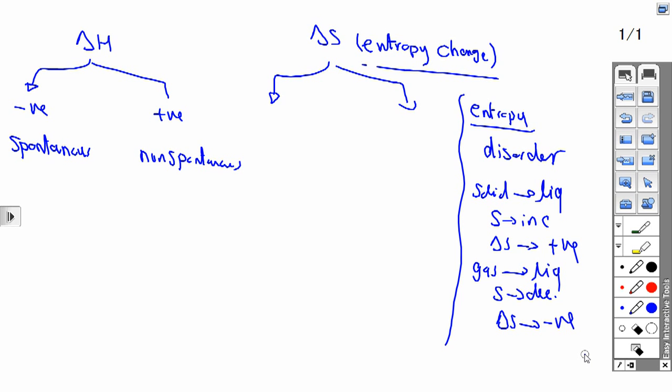Does a solid dissolved in liquid increase or decrease entropy? It increases entropy. Solid to liquid increases entropy. Liquid to gas increases entropy. The opposite decreases entropy. Mixing gases increases entropy. Increasing the number of moles of gases also increases entropy.